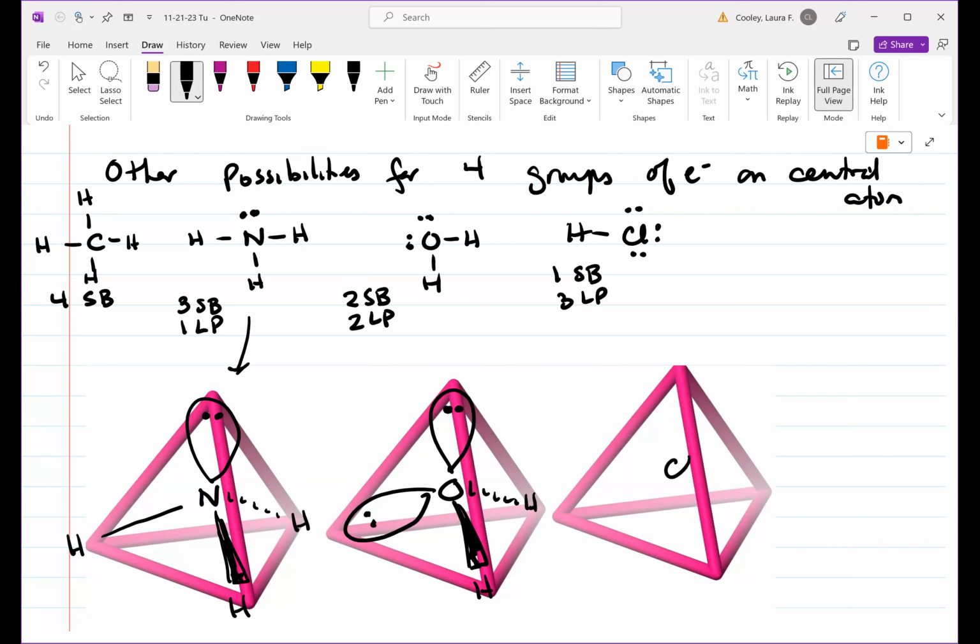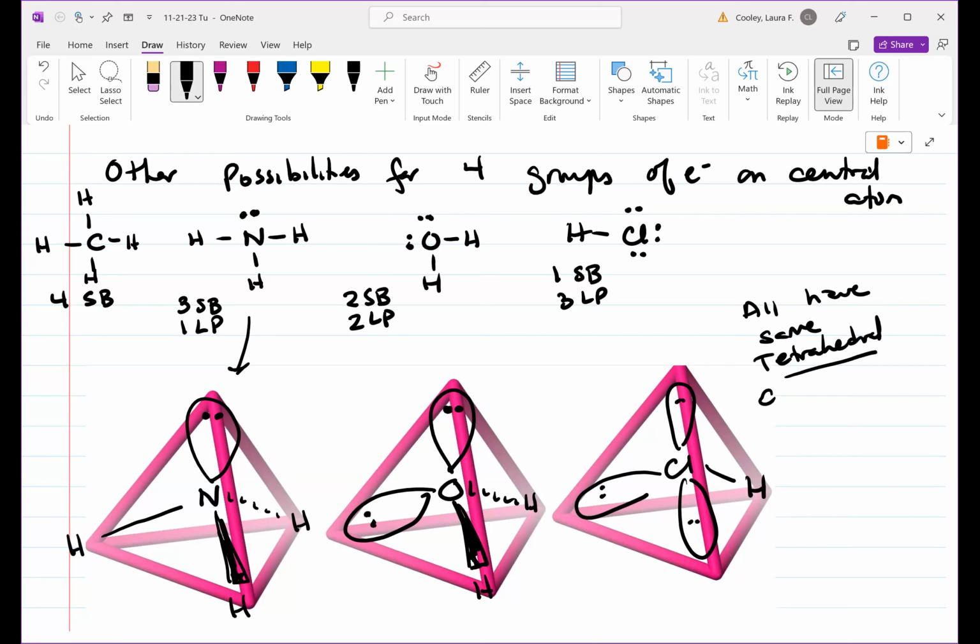And then I could even have Cl with 3 lone pairs. I'm drawing the bond on the right because that's what I did. Okay, so they all have the same tetrahedral electron geometry with 4 electron groups on the central atom.